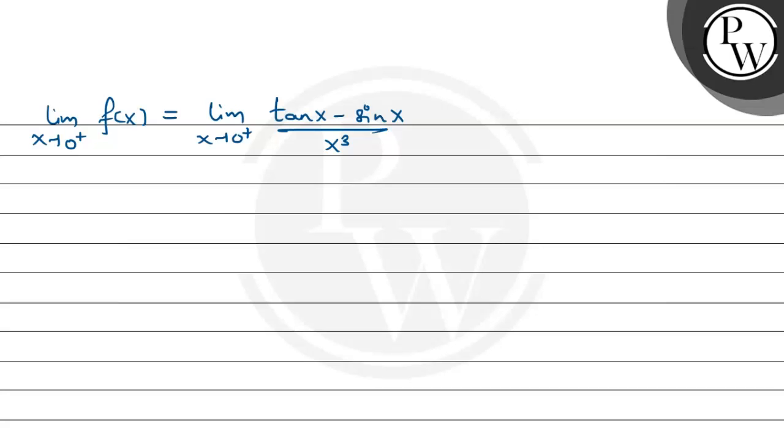Now let's evaluate this limit. Here in the numerator, the limit is 0 minus 0, that is 0, and in the denominator 0. So this limit is of the form 0 by 0. So what we can do is use L'Hopital's rule. So let's first note down L'Hopital's rule.